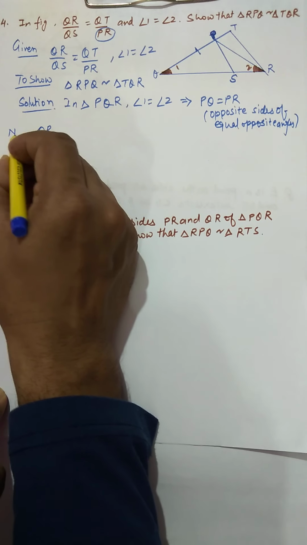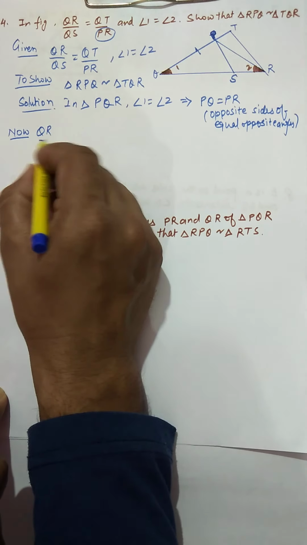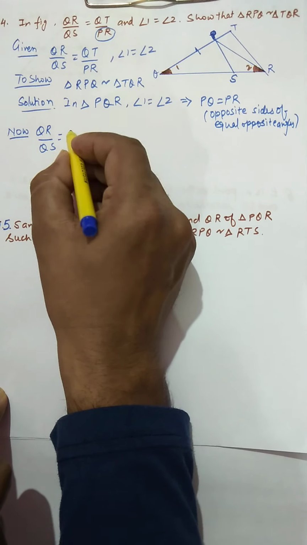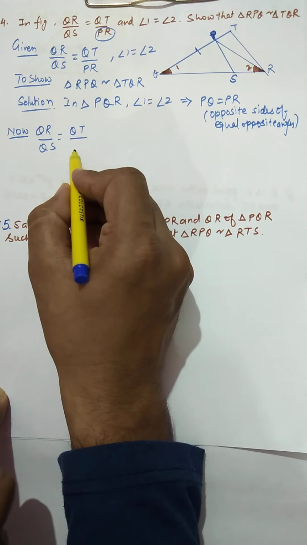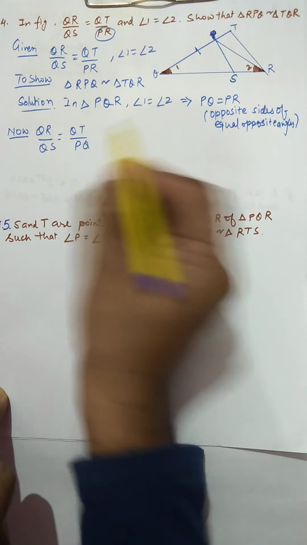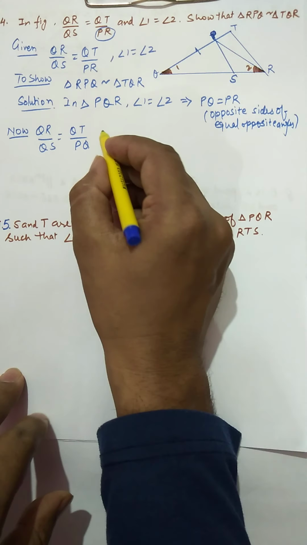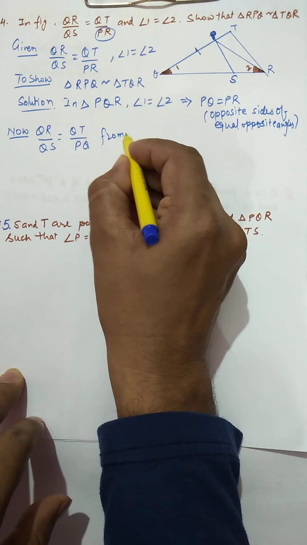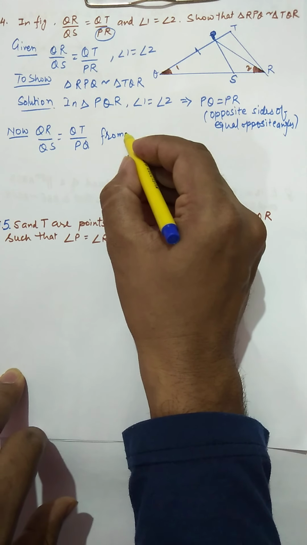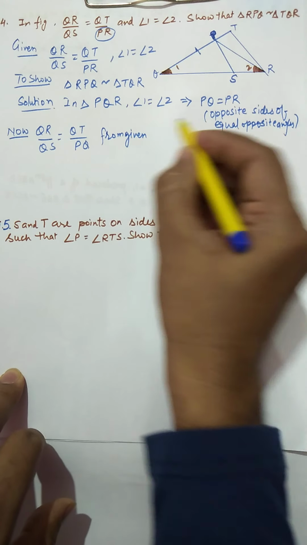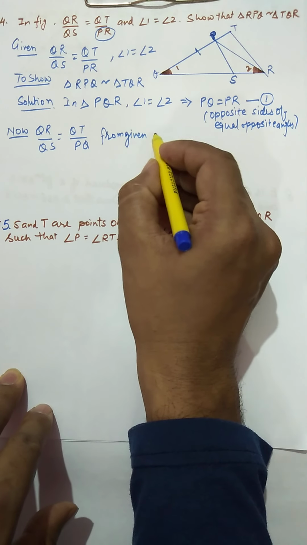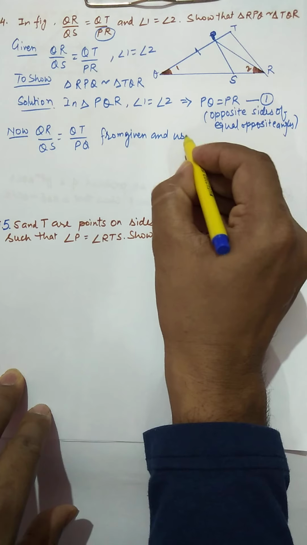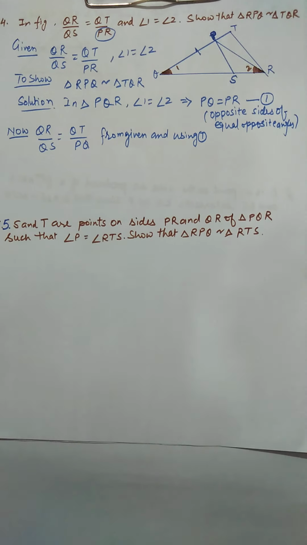You can write now QR upon QS is going to be QT upon, we are going to replace this PR by PQ. So now from given and using equation number 1, you can mark this as 1.